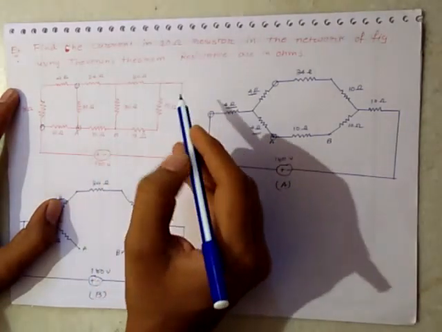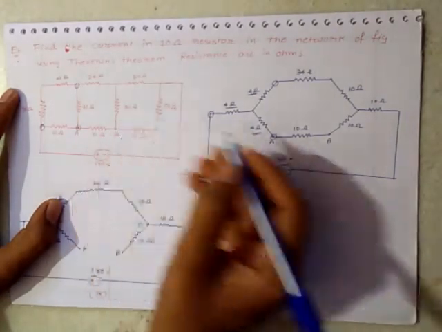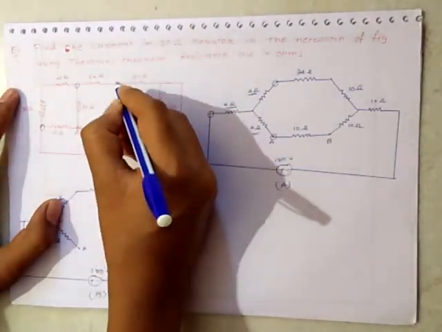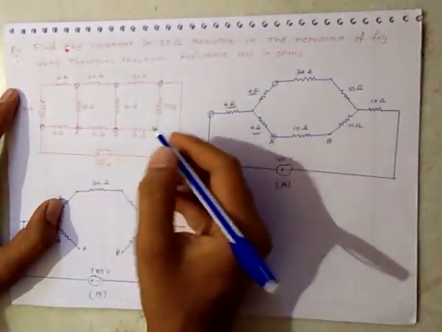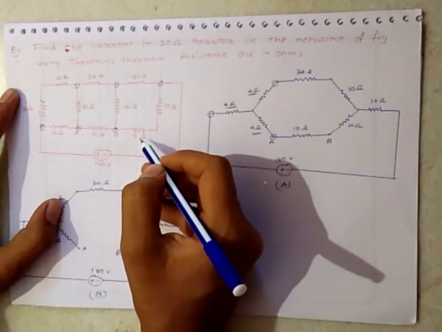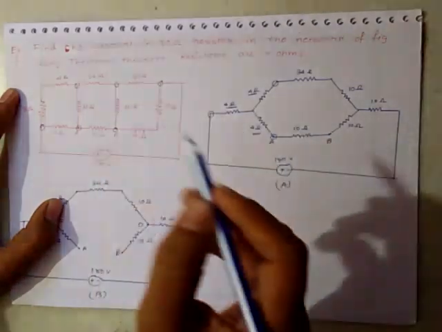Now the 34 ohm and 10 ohm will remain as they are. Here this is also the same thing: 30 ohm across this, 30 ohm across this, and here it will be 13 plus 17, which is equal to 30 ohm.